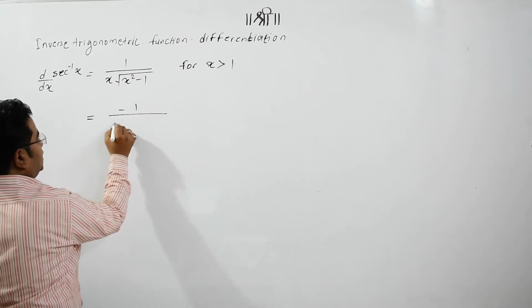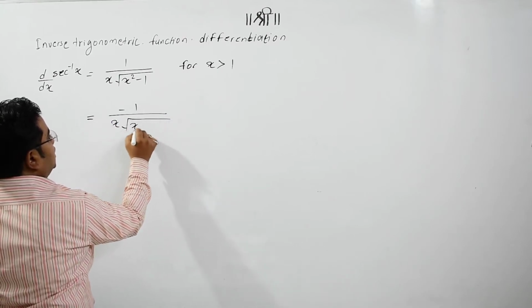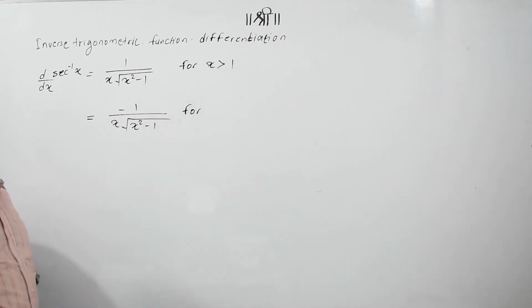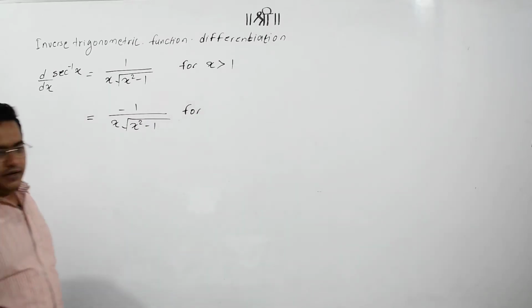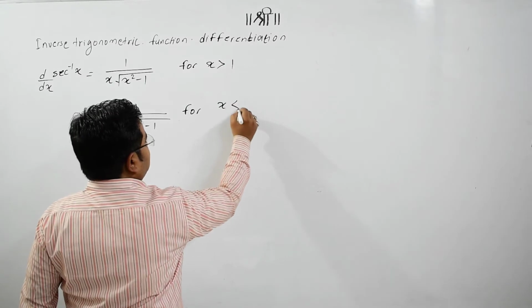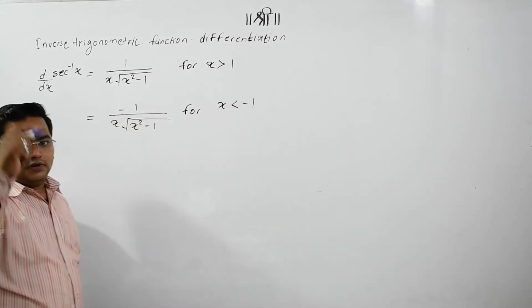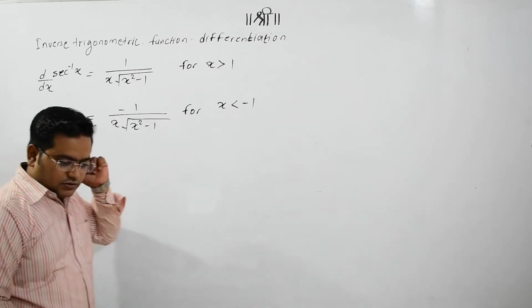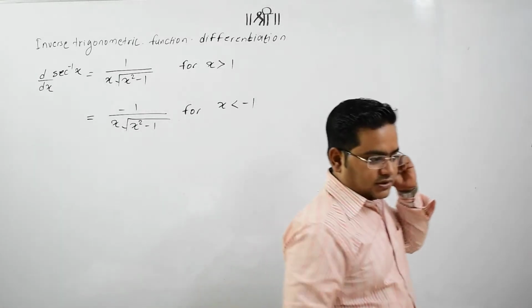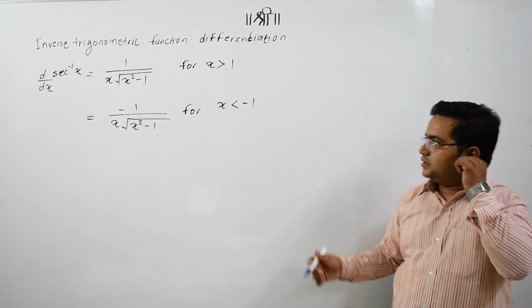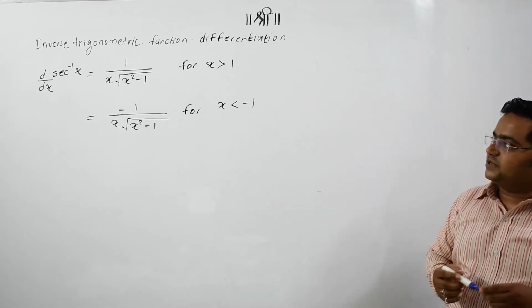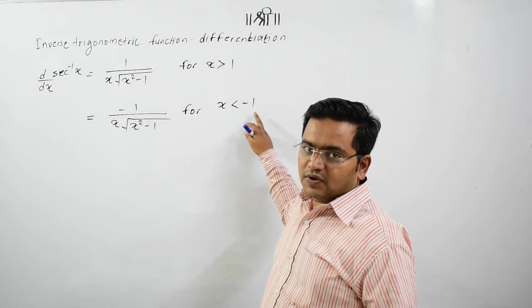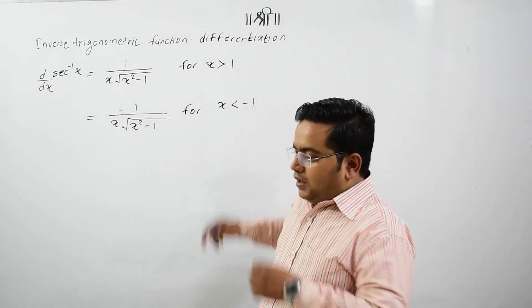Minus 1 upon x under root x square minus 1. For what? You have that common sense. So if x is less than minus 1, then only it is possible to put that minus 1 over here. Most importantly, for the last 2-3 years they didn't give this kind of information regarding sec inverse, but they have introduced it with this interval of minus 1 and 1.